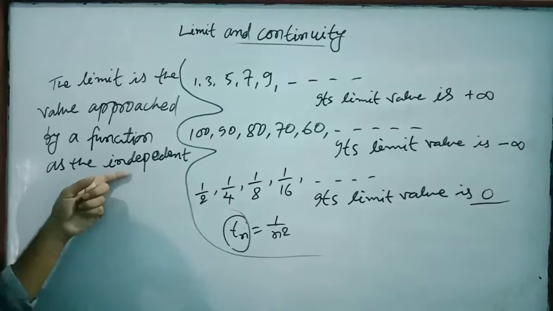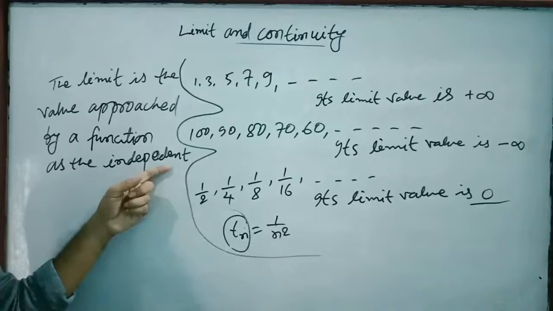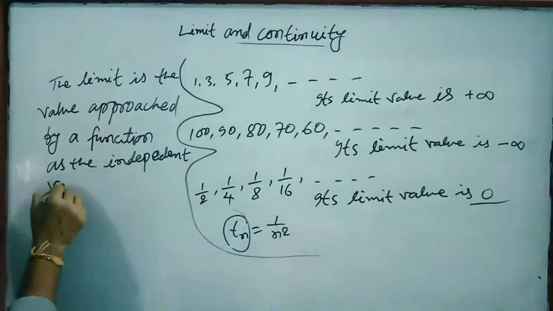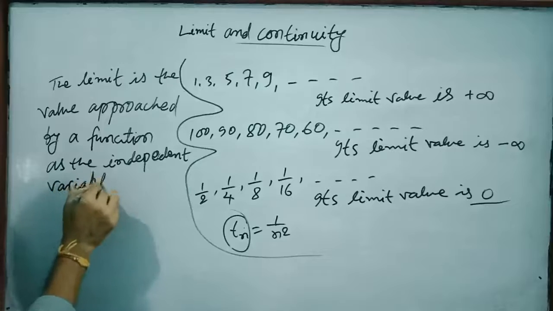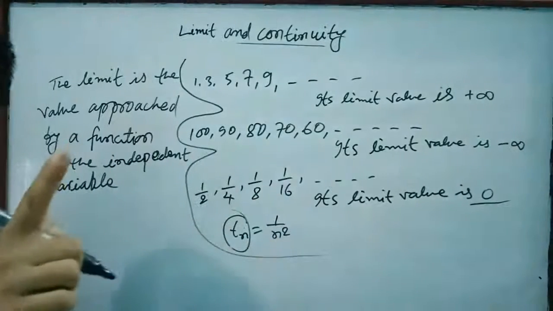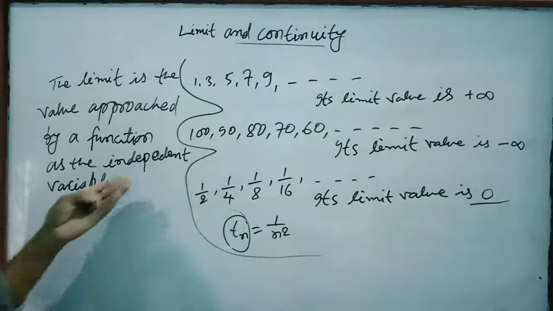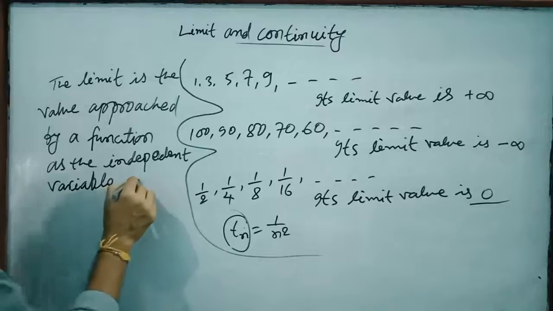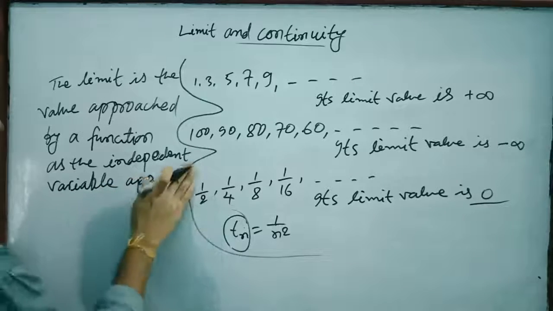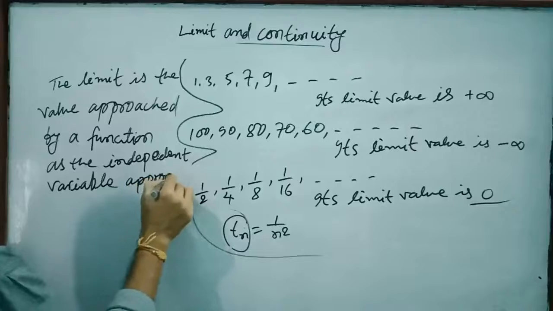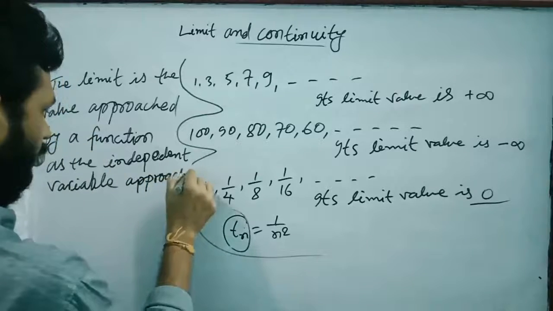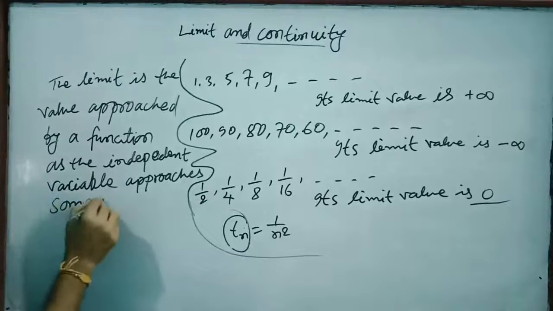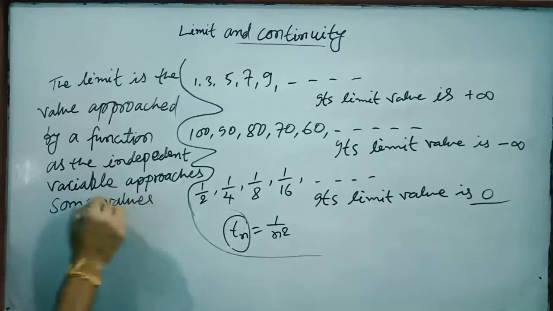Understood? Independent variable approach. n is the independent variable. So the independent variable approaches some values.